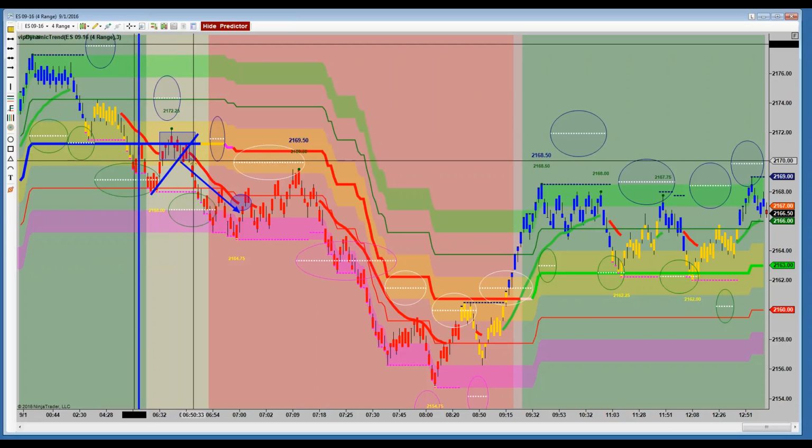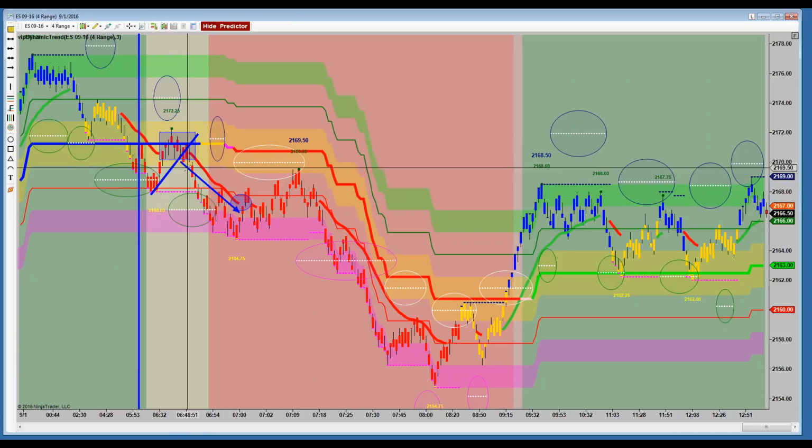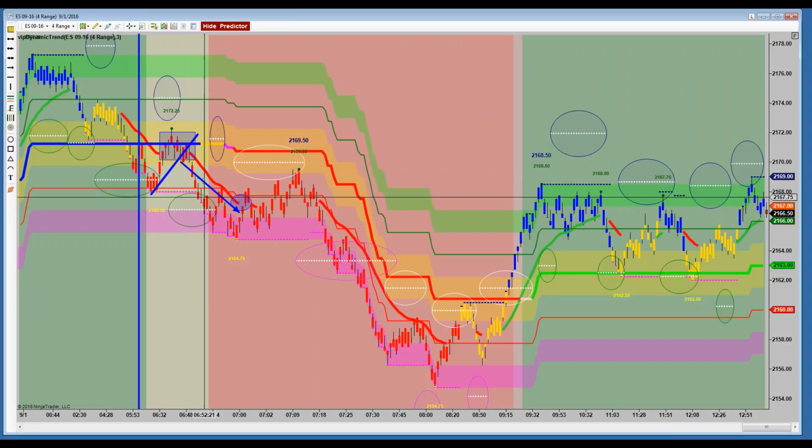Maybe you got filled at around 70 and a quarter short out of the box here, and you could have easily got a 5 or 6 tick scalper target on that quick pop down, and then your trail got taken out here, I'm guessing somewhere around 67 and a quarter. So that's 3 times 4, 12 ticks.